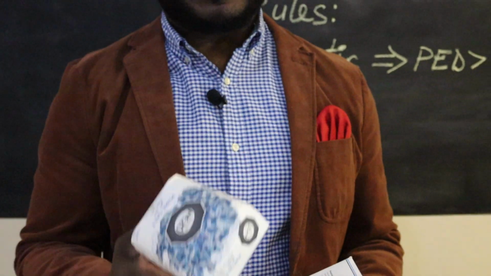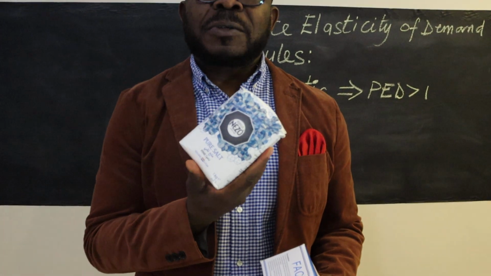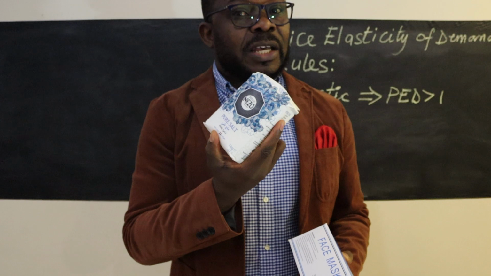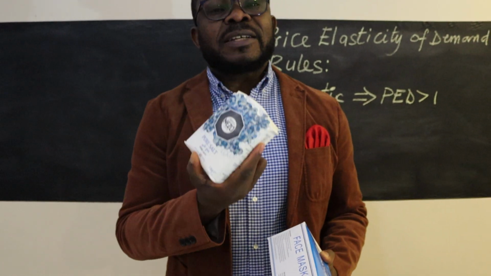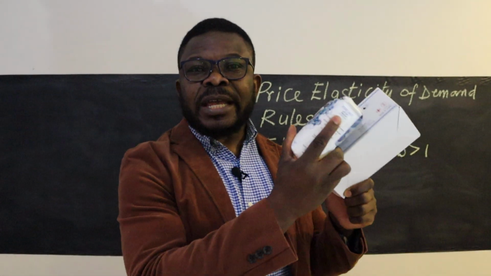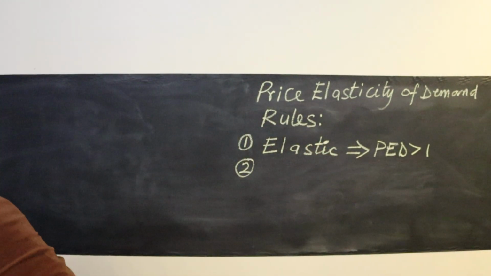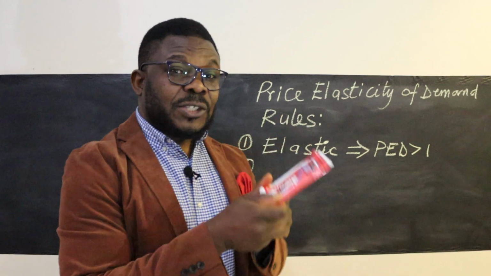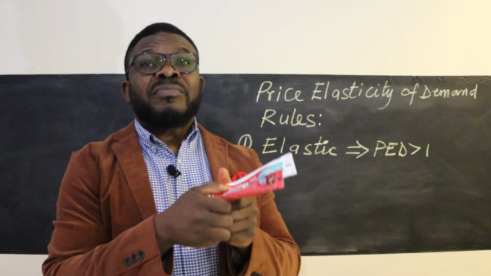So there's a bit of a problem here. In my view, salt has no substitute. Therefore, when you do the calculation, the elasticity for salt is likely to be inelastic. So for mask and salt, inelastic. For these two products, Colgate and Close-Up, elastic.